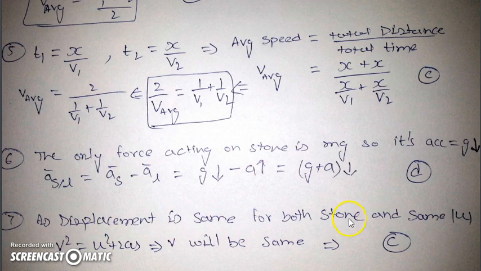Displacement is the same, initial velocity magnitude is the same, so v square equals u square plus 2as. Acceleration is also the same, so u square is the same, and a and s are both the same, so v will be the same. We can also prove this by conservation of energy. Both lose the same amount of potential energy, so they will gain the same amount of kinetic energy.